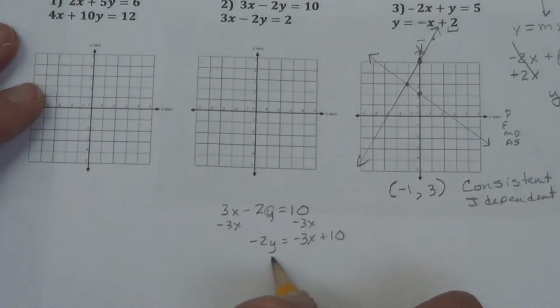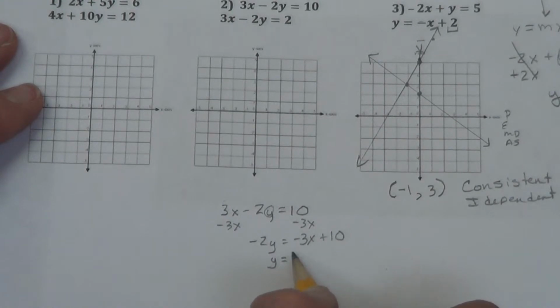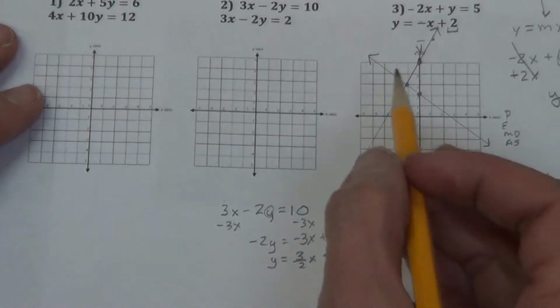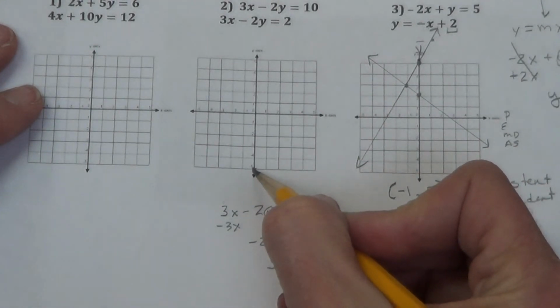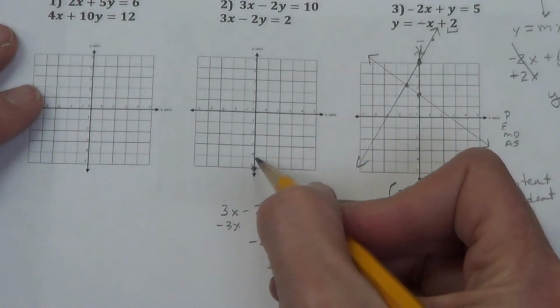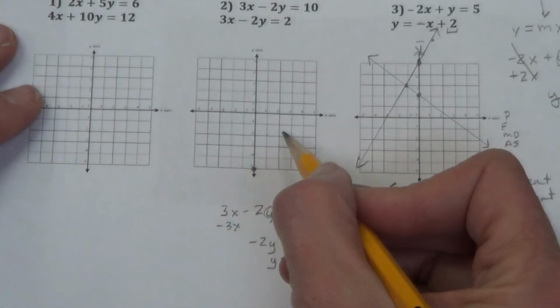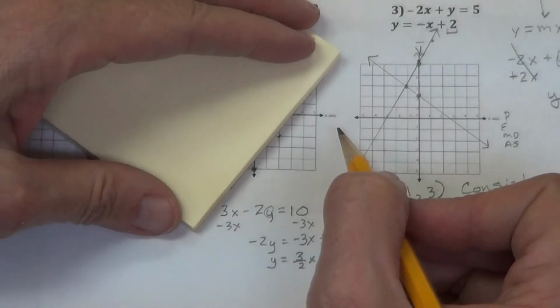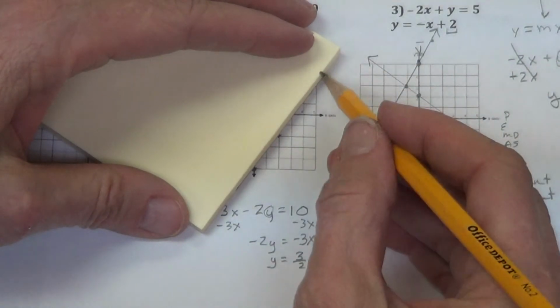To get the y alone, we divide by negative 2. A negative divided by a negative is positive, so this becomes 3/2 x. And negative 2 goes into 10 negative 5 times. To graph that, we go to negative 5, the y-intercept. Then we rise 3 and run 2. We rise 1, 2, 3, and run 2. We draw a line through that.